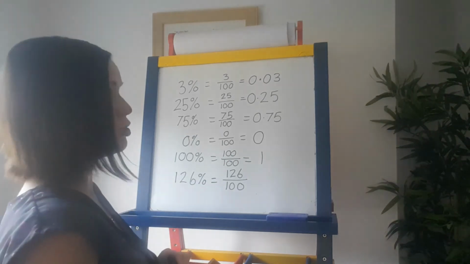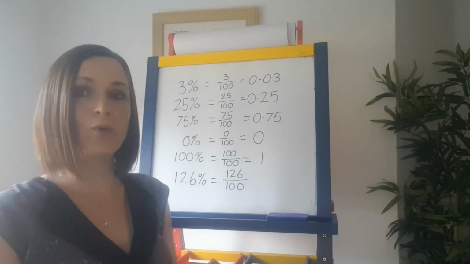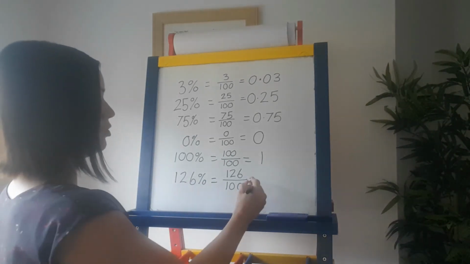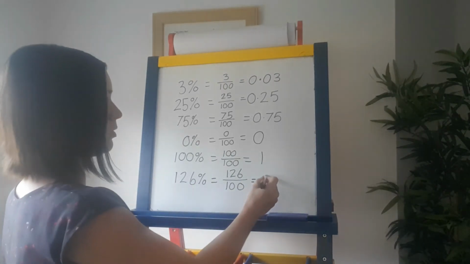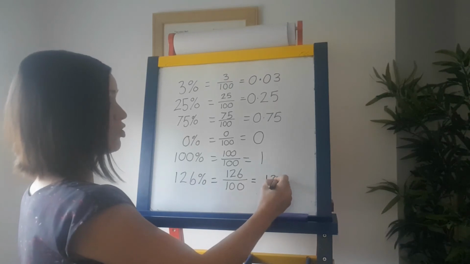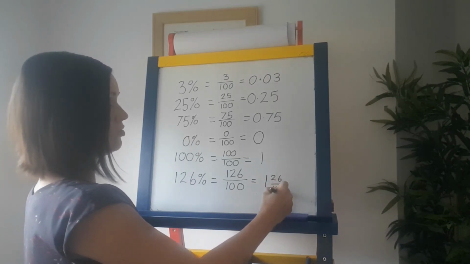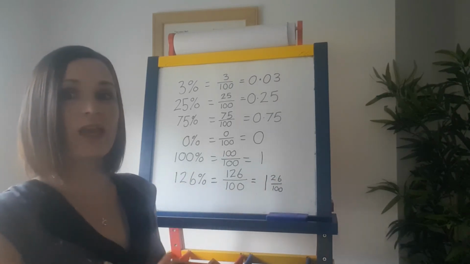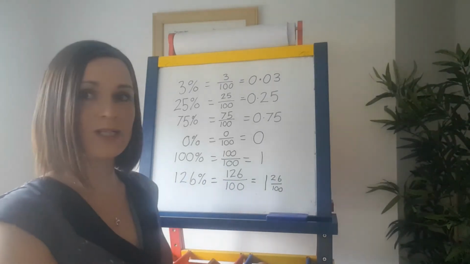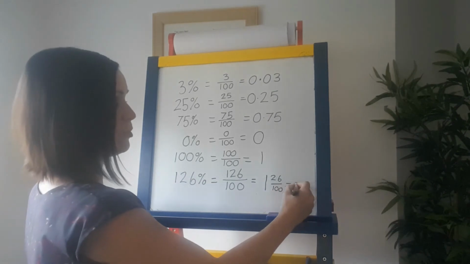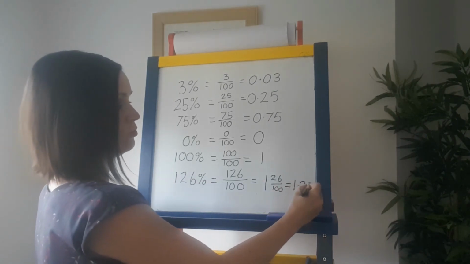So that just means that you have more than one whole. In this case, you have 100 of the 100 bits, you have your one whole, and then you still have another 26 hundredths on top of that, or a whole and another 26%, or as a decimal, it'd be 1.26.